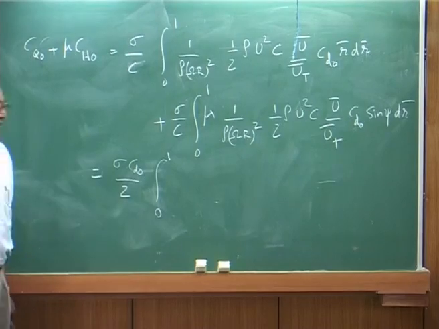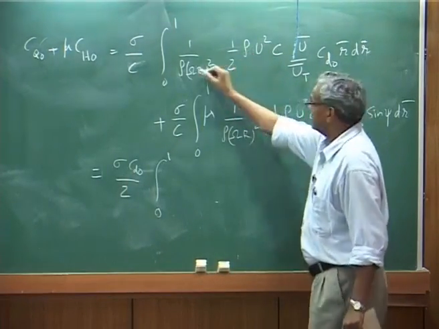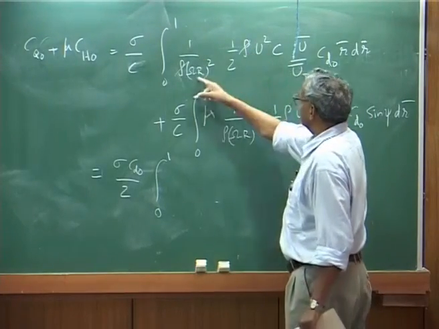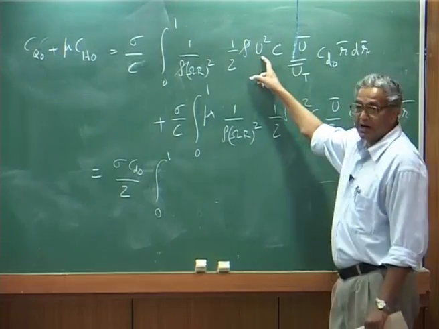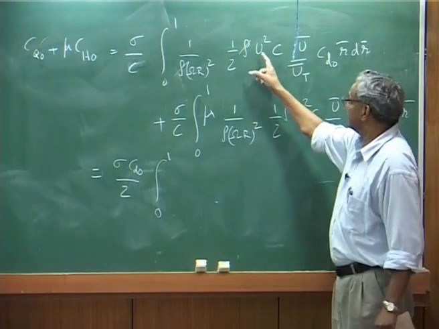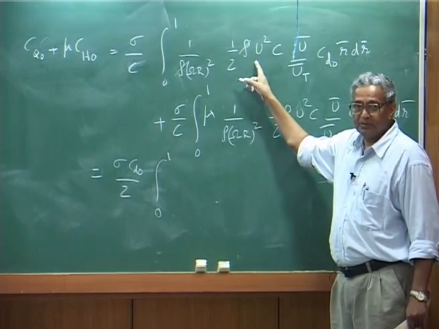You know that rho and rho will cancel, this is U bar, this is U bar, because U square over omega r square is U bar square.